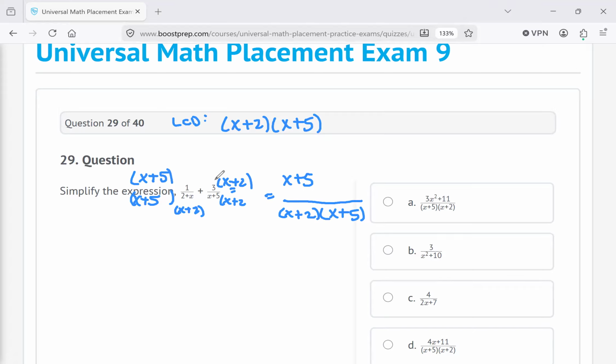Over here, it's going to be 3x plus 6. If you clean this up, 3x plus 1x is 4x, and then 6 plus 5 is 11, over x plus 2 times x plus 5.